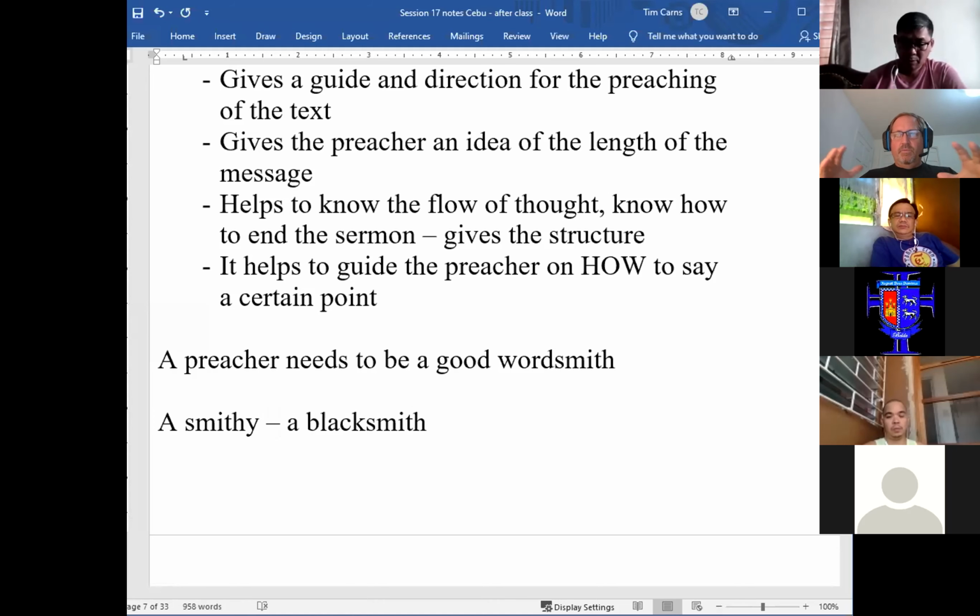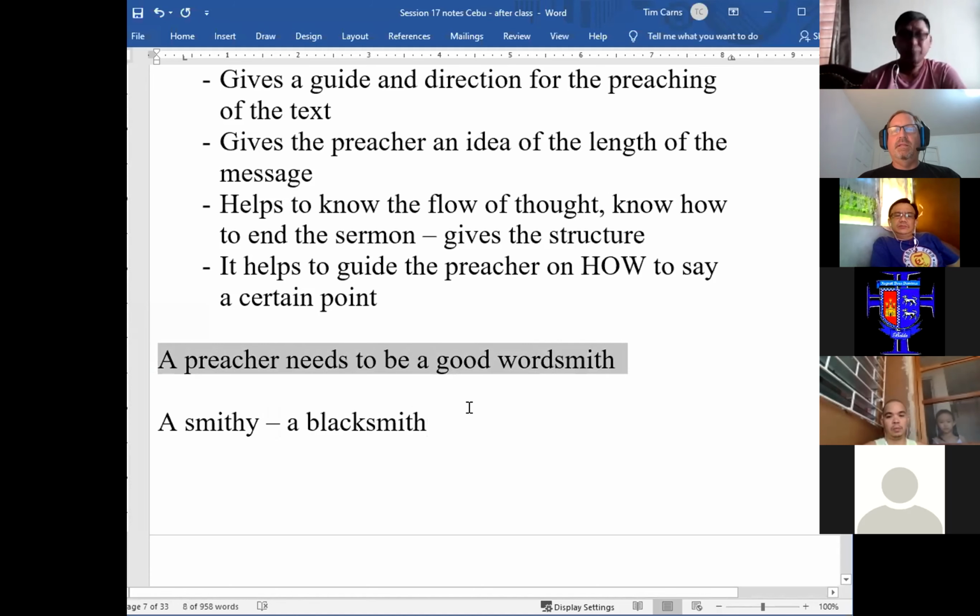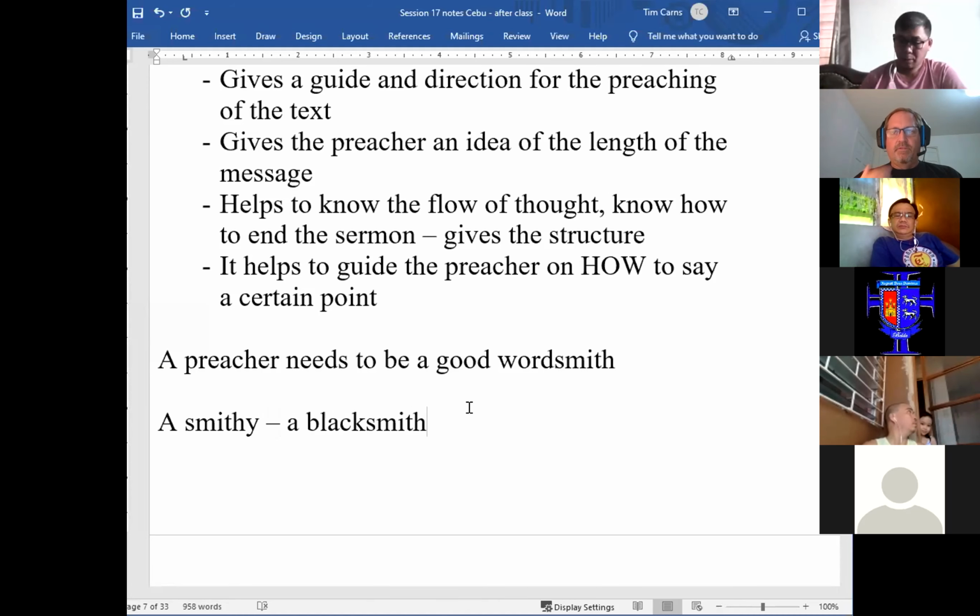So a smithy was sort of a general term for somebody who worked with some materials to create something. So a preacher needs to be a good wordsmith, meaning he needs to be good with words, and clear and engaging. And so if you write out a full manuscript, it lets you think about, how do I want to say this particular point? Or what synonyms, what similar meaning words can I put together here to really emphasize something?